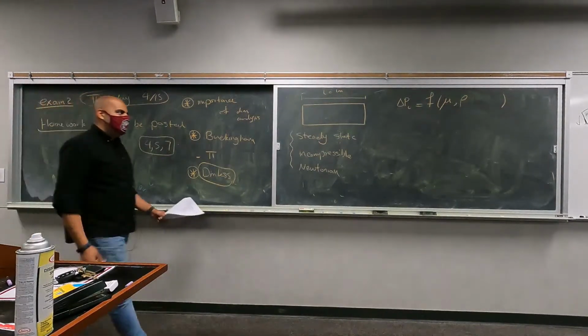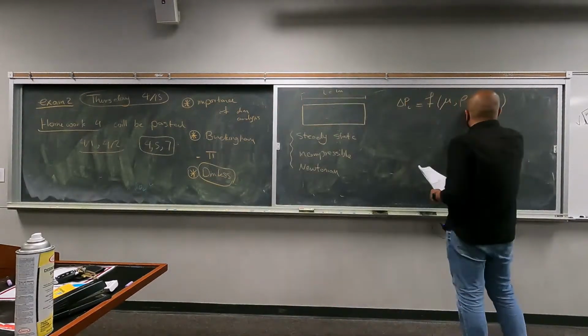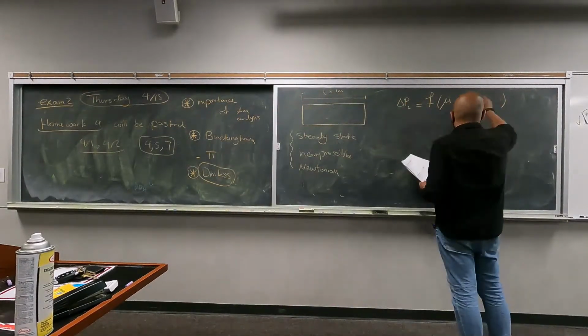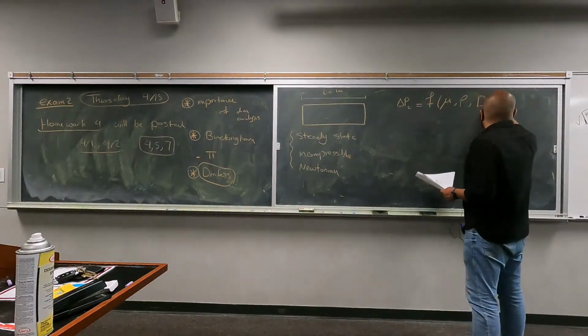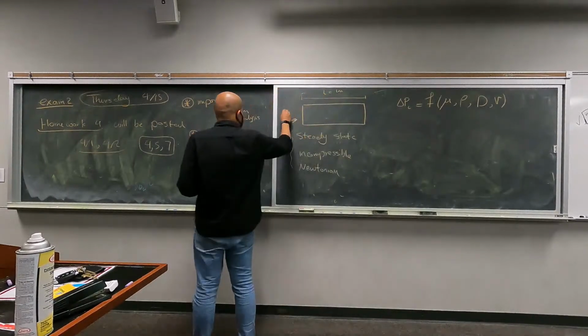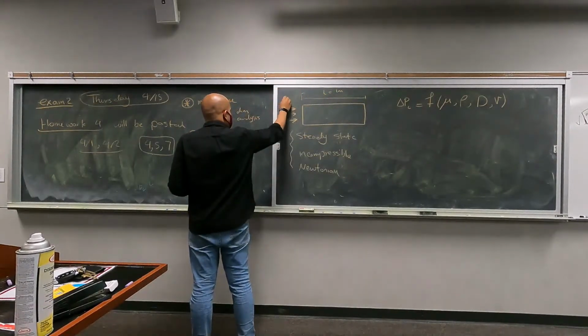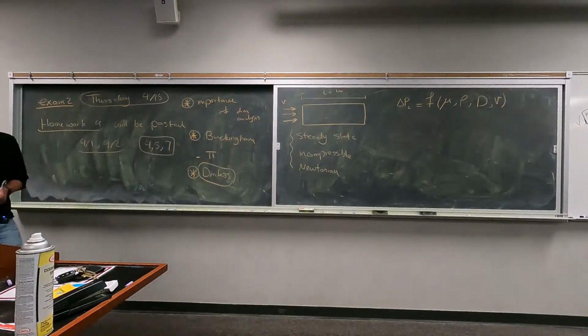So your pressure drop is definitely a function of density. The dimensions of these pipes are also important. So diameter and the inlet velocity, V infinity, V. I think that ought to cover it, right? Your pressure drop inside this pipe depends on these 4 parameters.